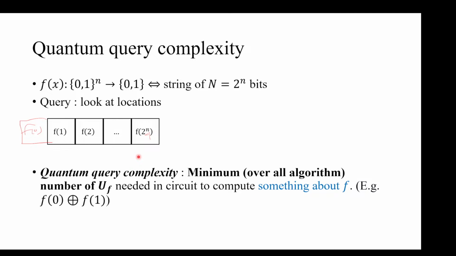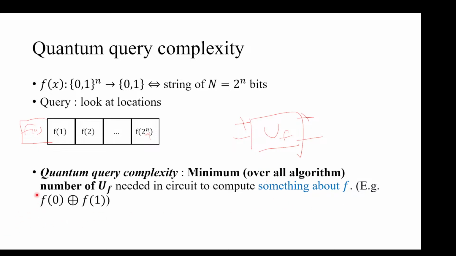Query complexity means that you have this f and you have this oracle U_f, and you think about how many U_f you need to put in your circuit to compute something about f, which is what your problem is asking.